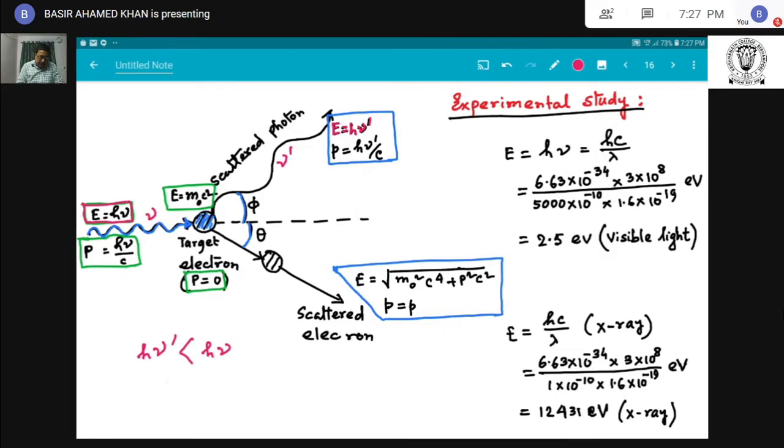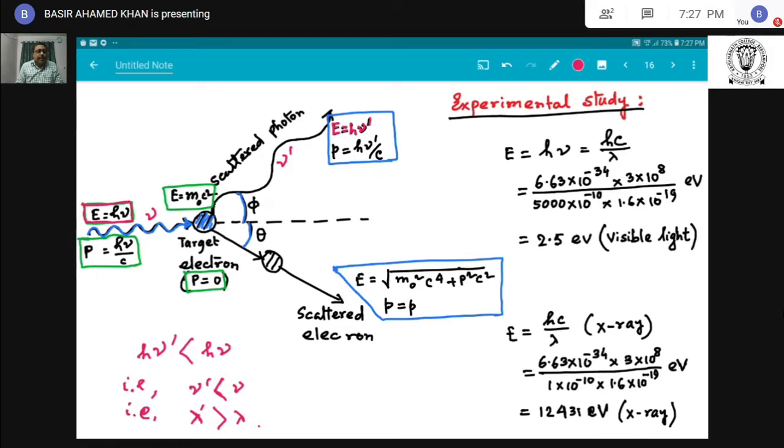Here we can write nu prime less than nu, and in terms of wavelength, we can write lambda prime, that means the scattered photon wavelength, is greater than lambda.